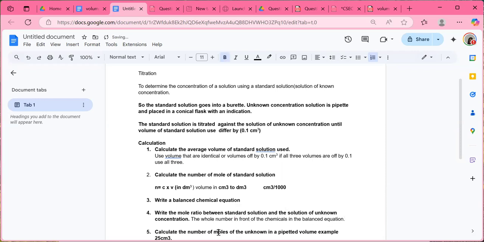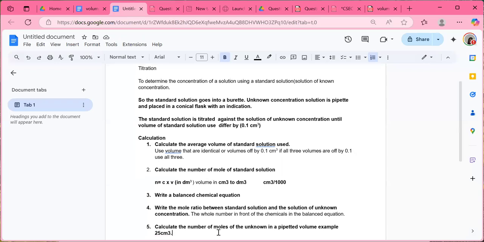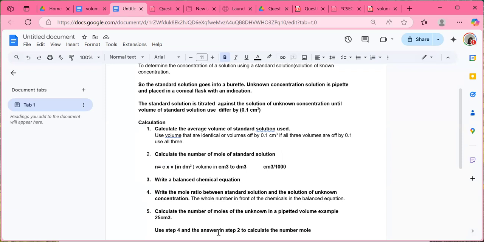All right, then we're going to calculate the number of moles of the unknown in the pipetted volume, that is in the 25 centimeters cube or whatever volume they give you. Although you're given a volume in this part of the question, you are not going to use the volume.